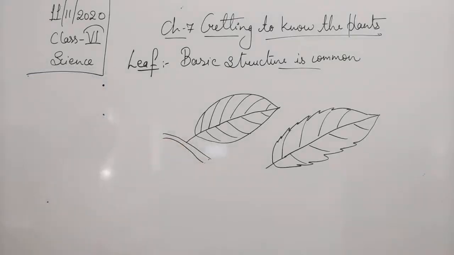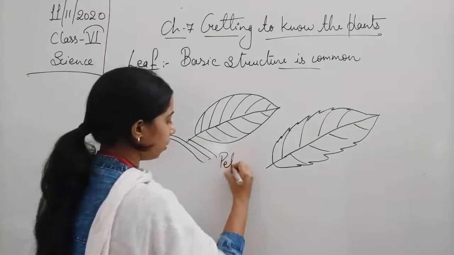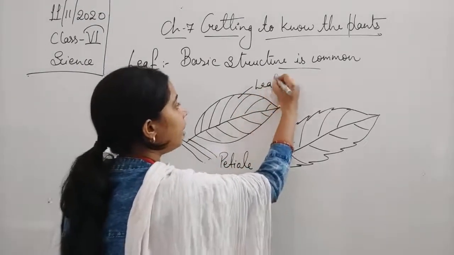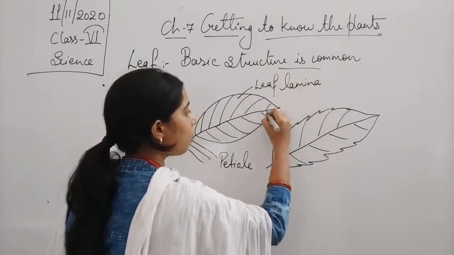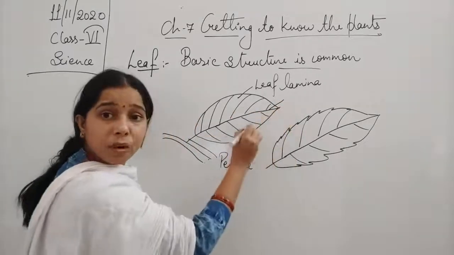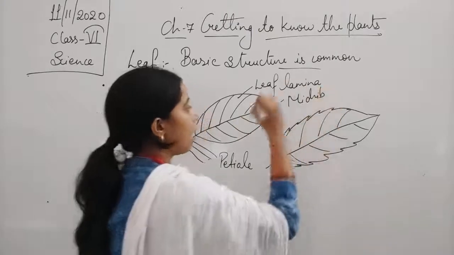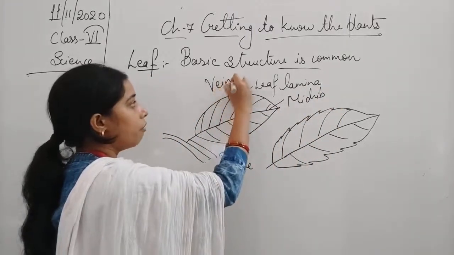Now you see here, students, this is the petiole. This is the leaf lamina. Then the line which goes through the middle of the leaf is known as the midrib. And these small lines are known as veins.